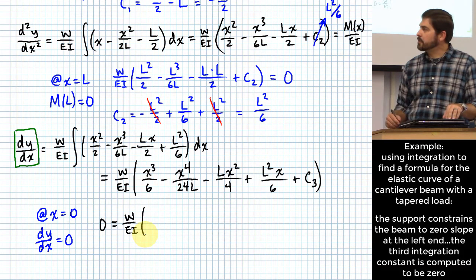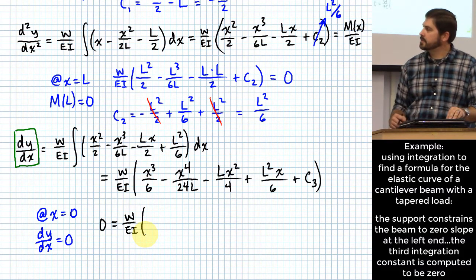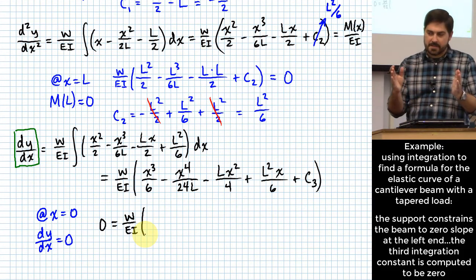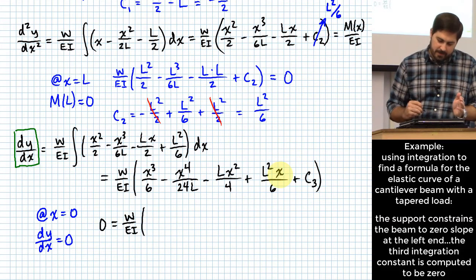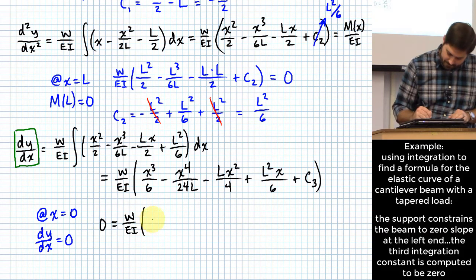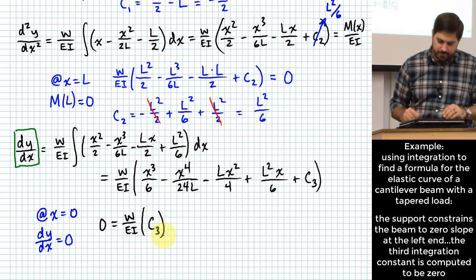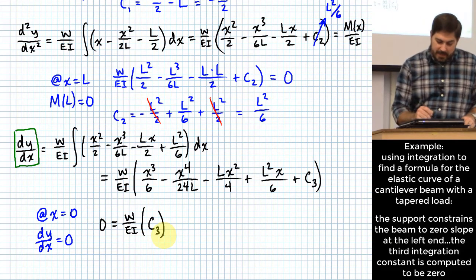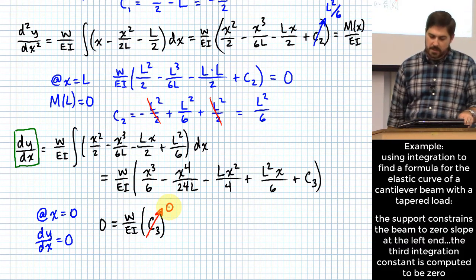Each of those terms, x, x to the 4th, x squared, and x, each of those terms has an x in it. We're plugging a 0 in for each of those, so those all go away. So that leaves me with just C3. And W and E and I, none of those can be 0. So C3 is 0.